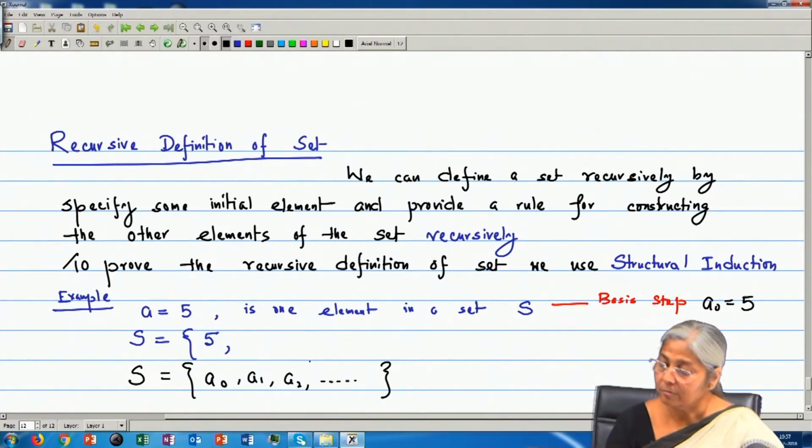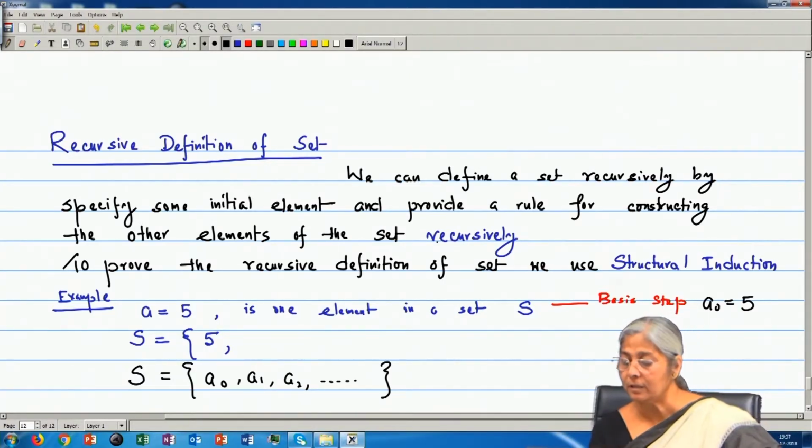Now, we said that recursively I can give some rule. A very simple rule: what is that recursive rule?